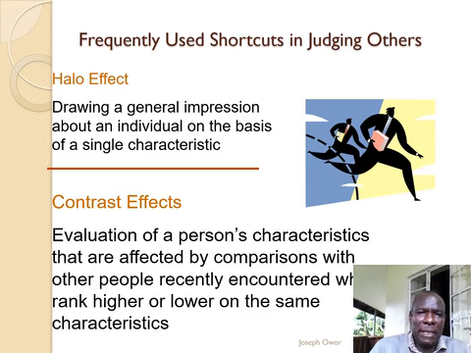Apart from selective perception, we also have the problem of halo effect. This is where you draw a general impression about an individual on the basis of a single characteristic. You like tall men, you like tall women, and so once you see a tall man or tall woman, you say, aha, that guy is cool.